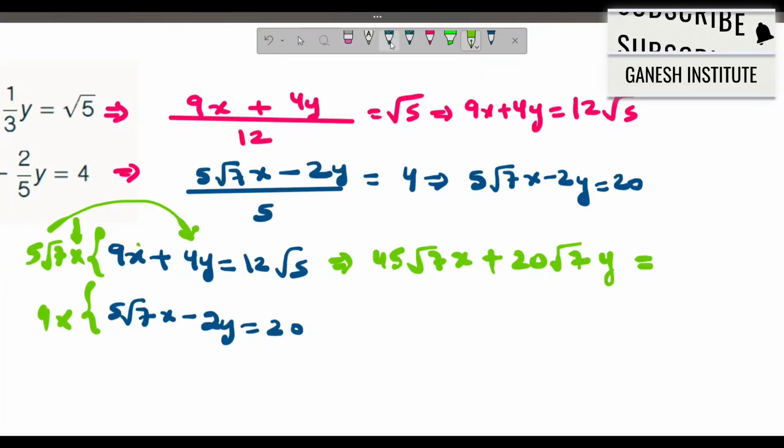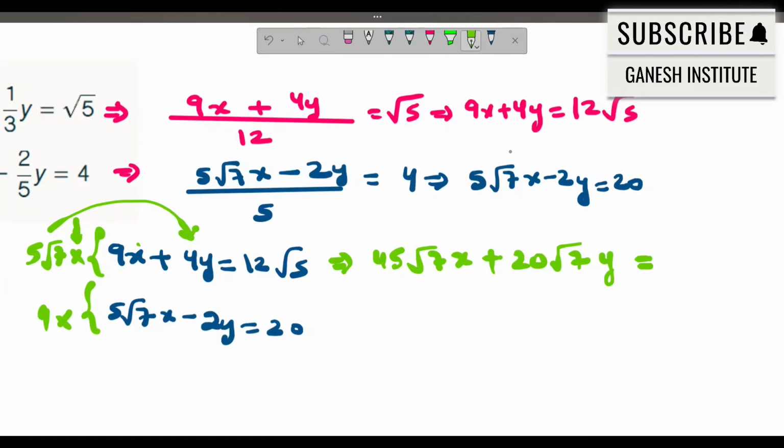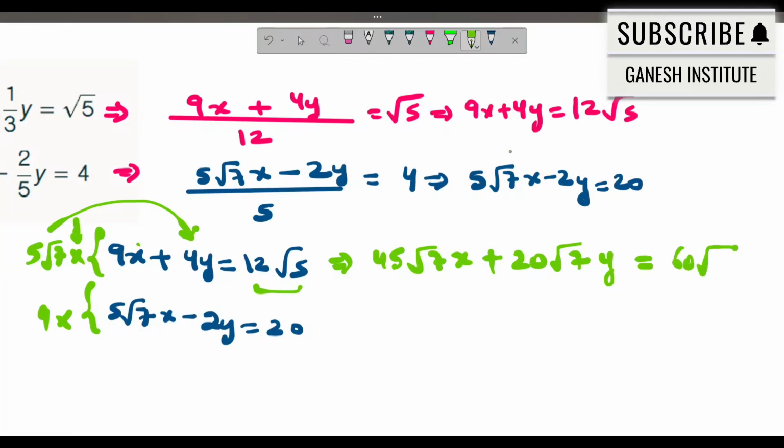And then on the right-hand side of the first equation, you will multiply the 12 and the 5, that's 60, and the 7 and the 5, which is 35. Good.